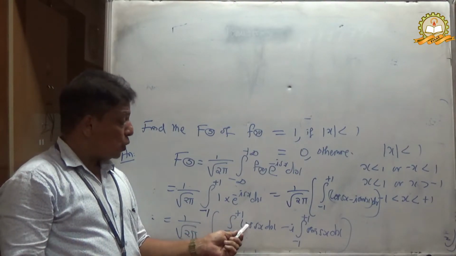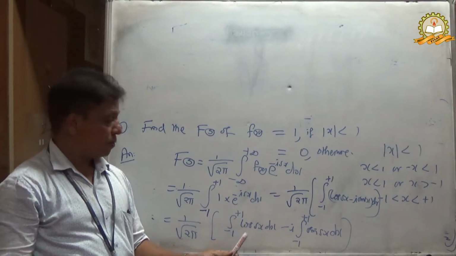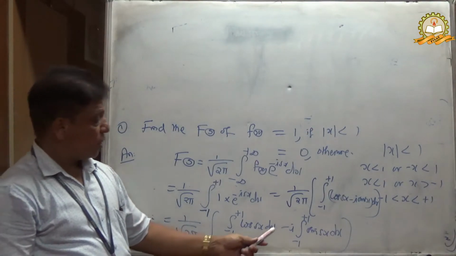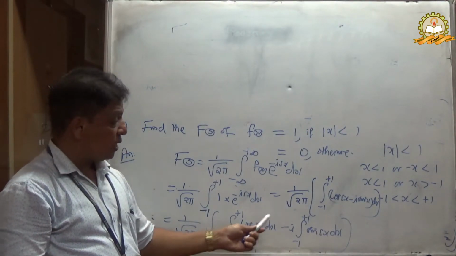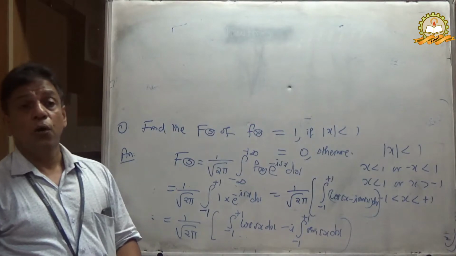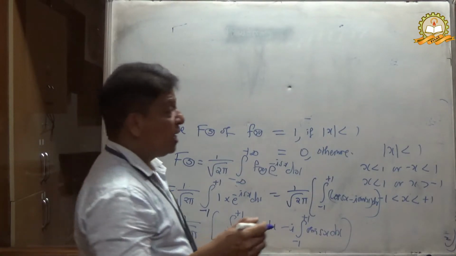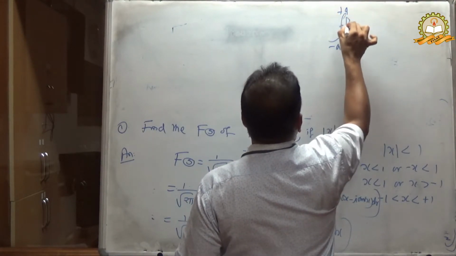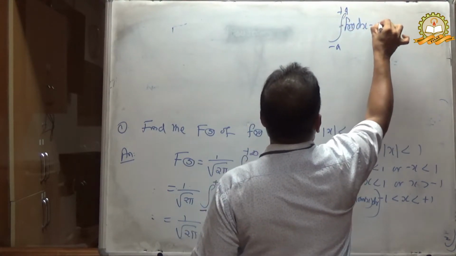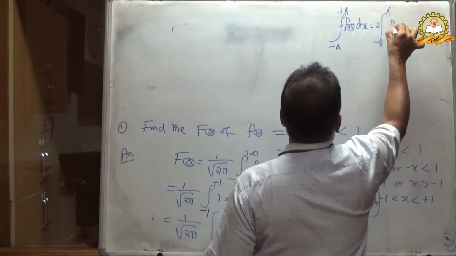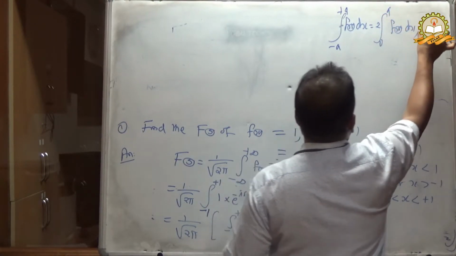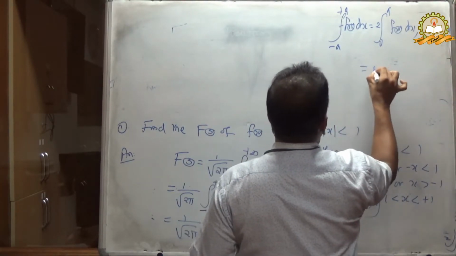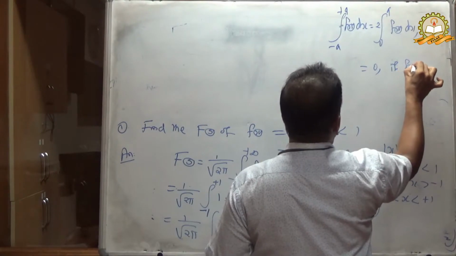We know that cos function is always an even function. Here sin sx is an odd function. Therefore, cos sx is an even function, sin sx is an odd function. We have a formula in definite integral: integral minus a to plus a f of x dx is equal to 2 times integral 0 to a f of x dx when f of x is even, and 0 if f of x is odd.